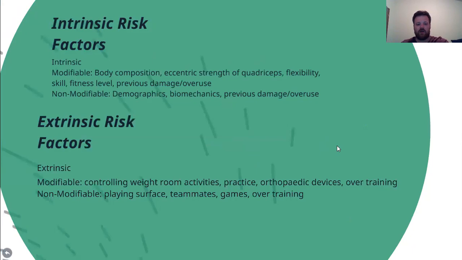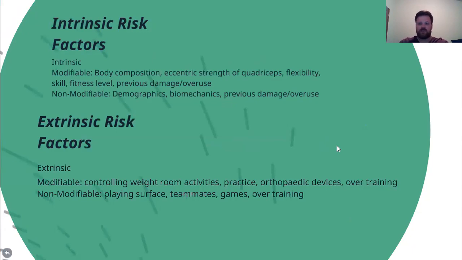And the non-modifiable ones: playing surface, basketball players are going to play on a basketball court. Teammates, you don't know if they're going to bump into them or anything chaotic like that. That can happen in practice or with games against opponents. And then again, overtraining. Maybe we overtrained in the summer and the beginning of the season, and that's kind of where we're at now.